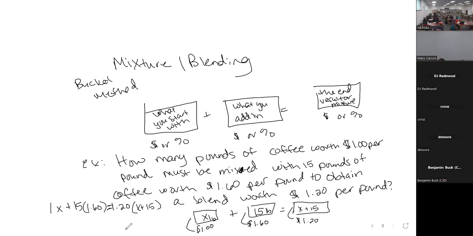When we finish solving that all out, you should end up with 30. Not going to work it all the way out just because we've got several other problems. So when you do that one, you should get 30 pounds is blended for the first part. Okay, questions on that one?